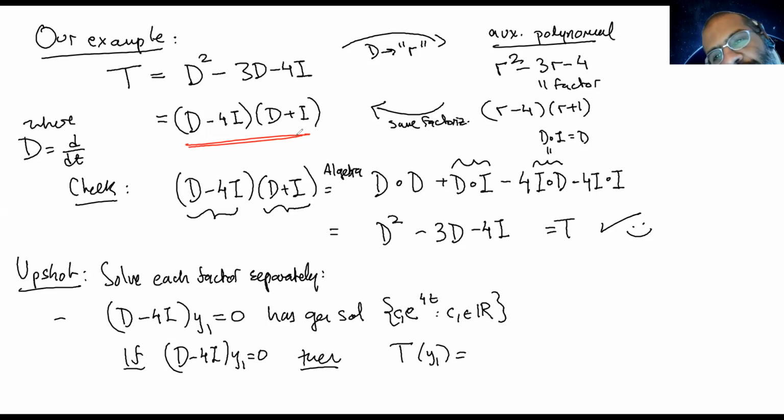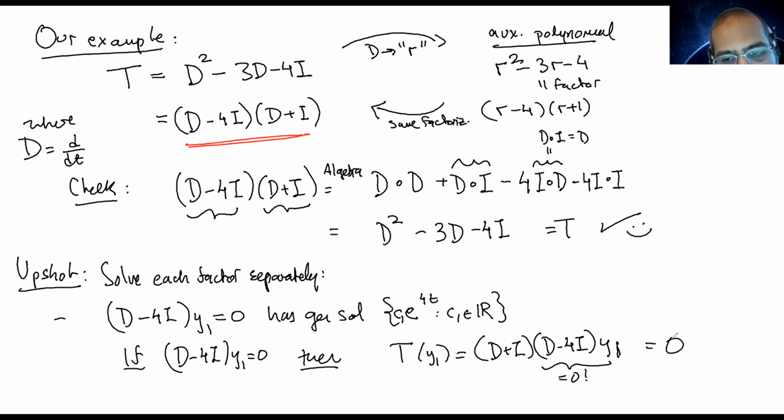I could have written it the other way too, right? The order doesn't matter because the only operators appearing here are D and I. So actually, I would get that this is D plus I times D minus 4I times y1. But this thing is 0. So this must be 0. So that means all of these must be solutions of T of y1 equals 0.